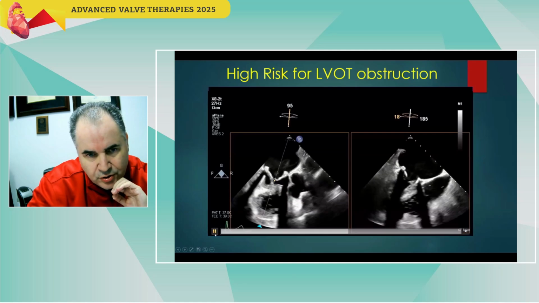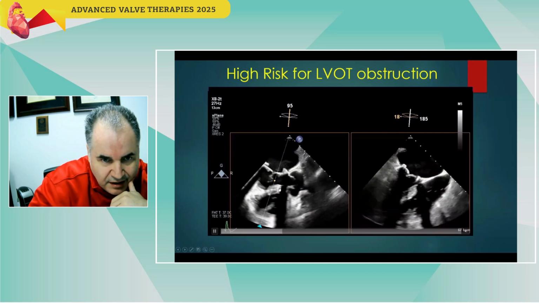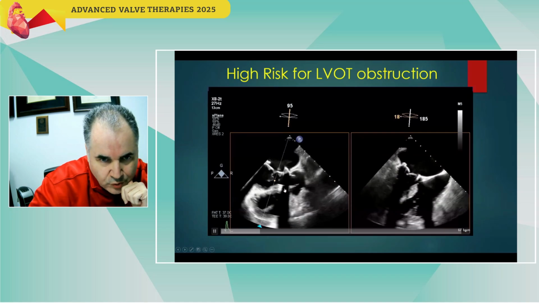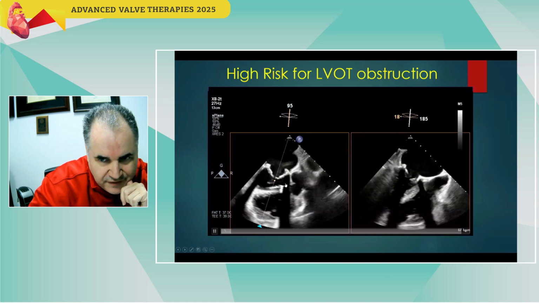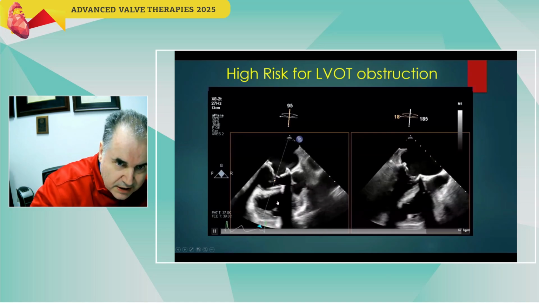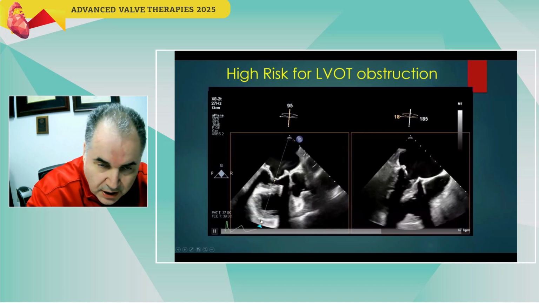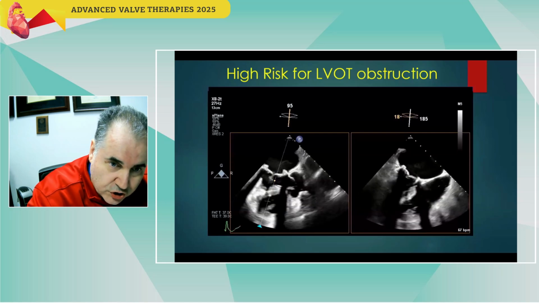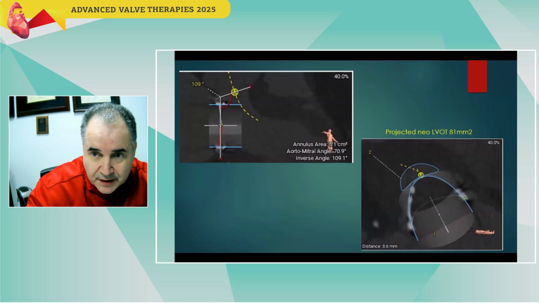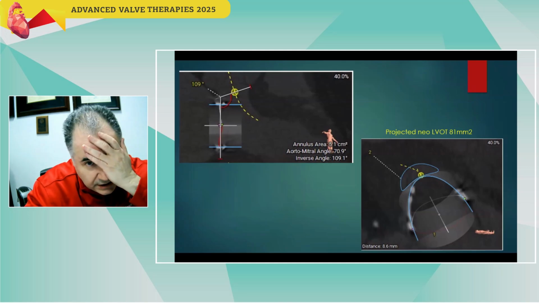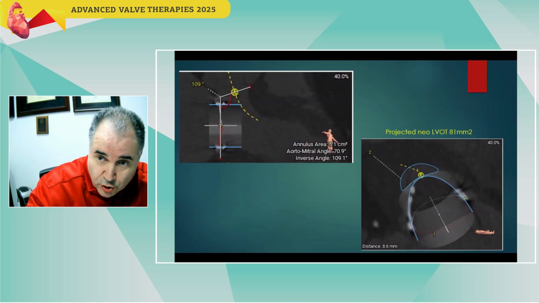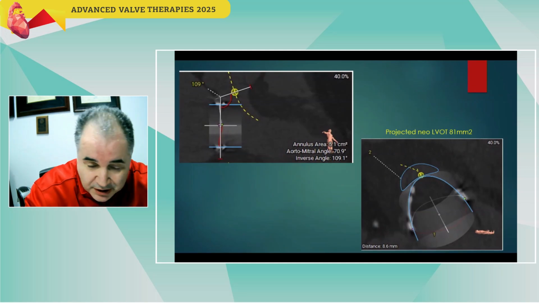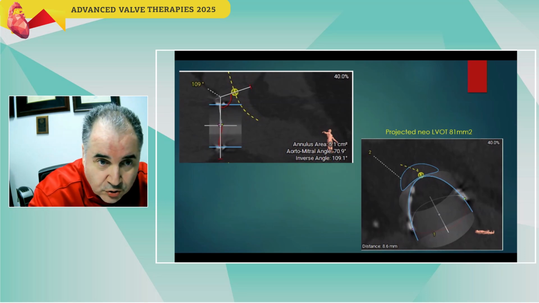But you can tell that the LVOT here is very narrow, you don't have to do CT. And you can tell that most likely if you deliver a valve there, you may end up obstructing the LVOT and cause a catastrophe. And this patient had a CT, and the neo-LVOT was predicted at 81 millimeters squared, very, very small to try to do this procedure.